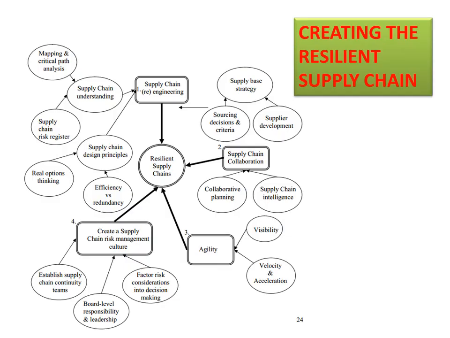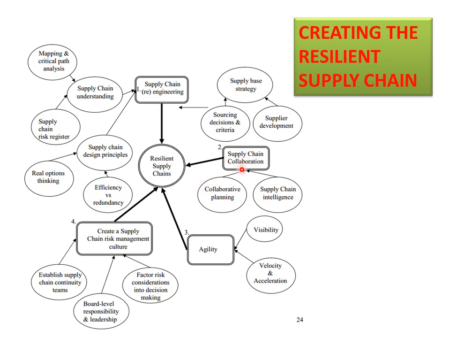There is a graphic here from Christopher which highlights areas that are important for making your supply chain resilient. It looks very complicated, however it isn't if we break it down. So to have a resilient supply chain, we need to re-engineer the supply chain by mapping, understanding it, having a risk register, rethinking options.